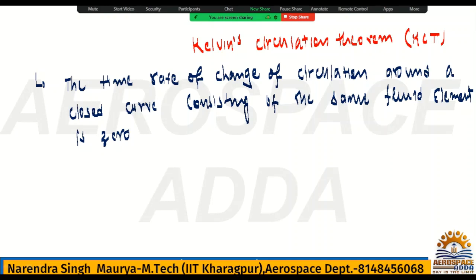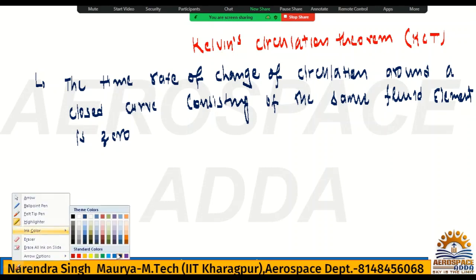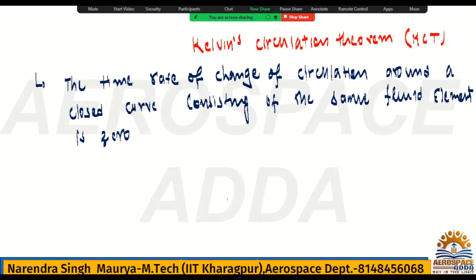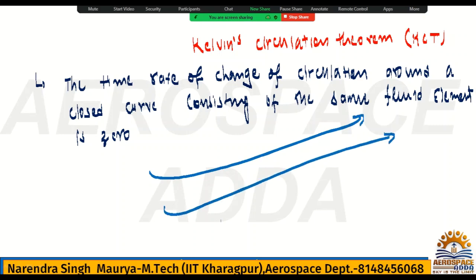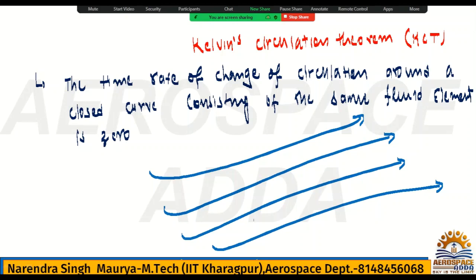So this is the statement, but how will we understand it by the diagram? We can say these are the various streamlines, and in these streamlines we can draw a closed curve, like this.